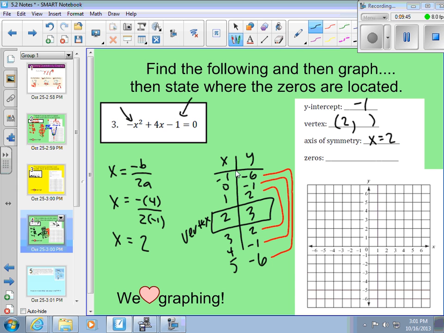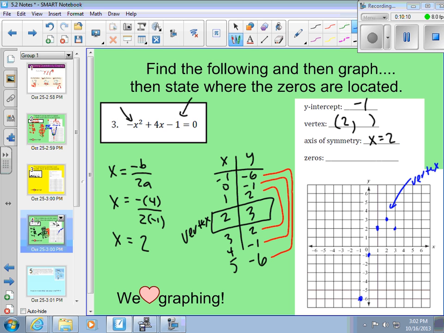All right, so let's plot those points on here and get our parabola on our graph. We got -1, -6 there, 0, -1, there. 1, 2, 2, 3. That's our vertex.